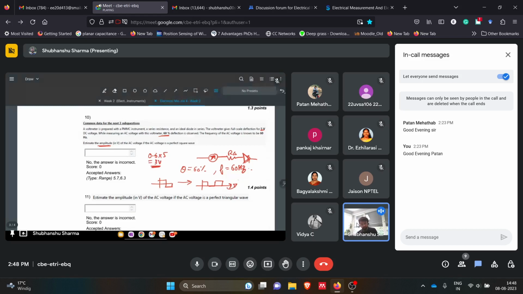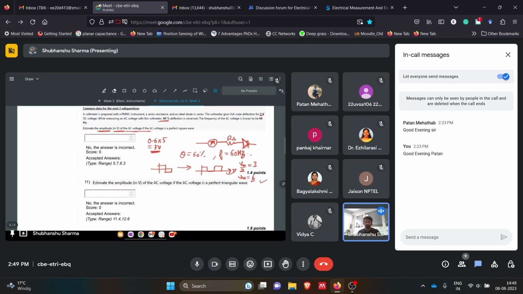The average value of this half square wave, as I told you in that table also, you can check that table, is Vm by 2, which equals 3. So we can get Vm equals 6 volts. They are asking for the amplitude of the AC voltage, so we can get it like this.